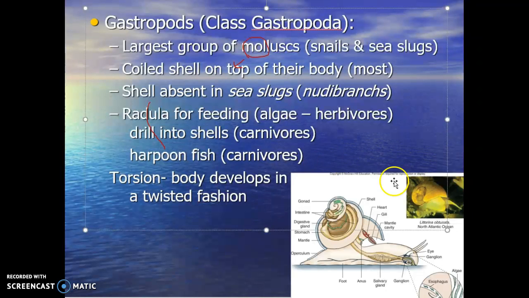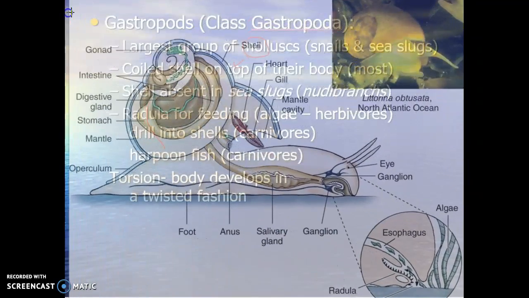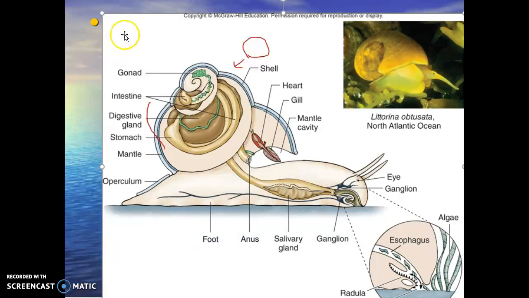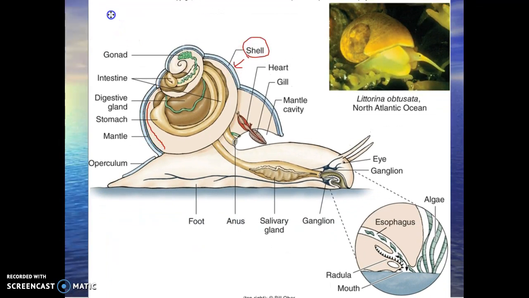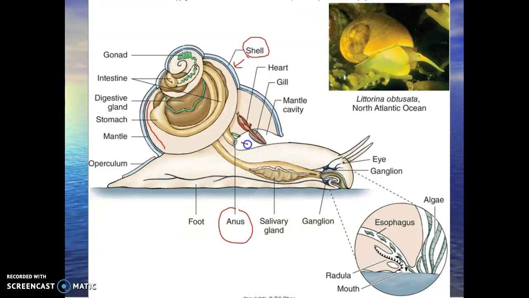This is what places the anus above the head in the gastropods. So it develops and it turns and twists in this coiled pattern, and that's why you see, here's the anus, positioned right up there above where the head is.